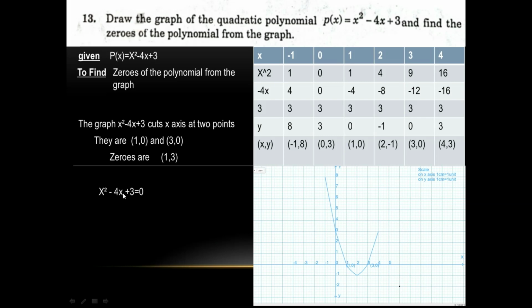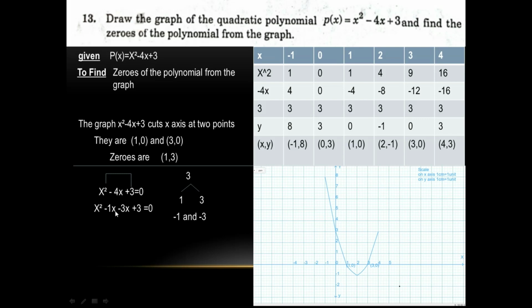To verify it, we have to solve this equation. First we have to find the factors of 3. They are 1 and 3. If we multiply them, we have to get 3, and if we add them, we have to get minus 4. So in order to get it, we take minus 1 and minus 3. If we multiply them, we get 3, and if we add them, we get minus 4. So we split this minus 4x as minus 1x and minus 3x.